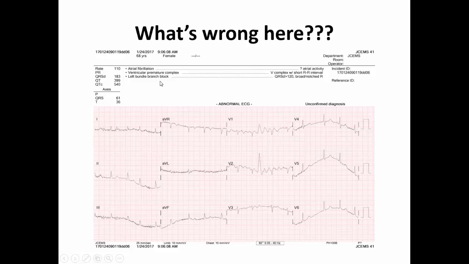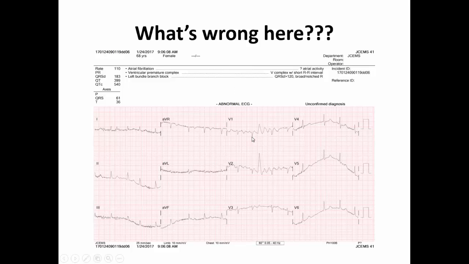The machine reads EKG by signal averaging, so it averages everything it thinks is a QRS complex to get width. And because it's reading these beats here as ventricular beats, it's averaging them in with all the rest of the complexes, which is why it's reading it as a bundle branch block.